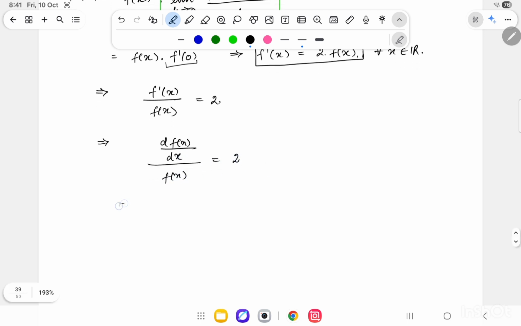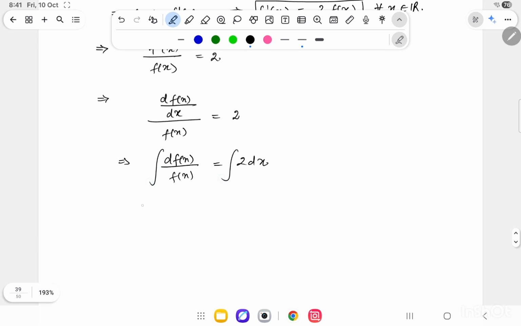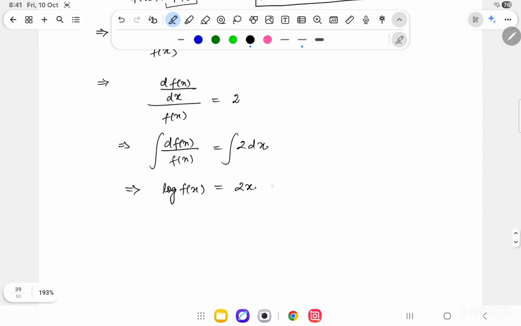So from here I can write d of f(x) by f(x) equals 2 times dx. Now I can integrate on both the sides, so I'll get log of f(x) equals 2x plus c, where c is an integration constant.